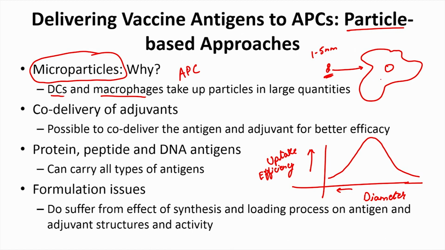So, now this is a problem, because these cells are the one that are going to present this protein, they are going to internalize this, they are going to degrade it and then present this protein. So, if their uptake efficiency is going to be low, then that means that out of let us say hundreds of receptor that these APCs may have, only some of them will contain this peptide.